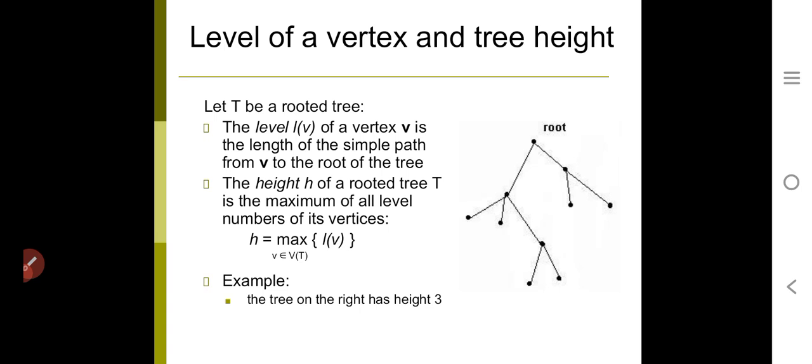For example, in that graph, the tree has three levels: level 1, level 2, level 3. So what is the maximum value? The maximum value is 3. So the height of the rooted tree is 3.